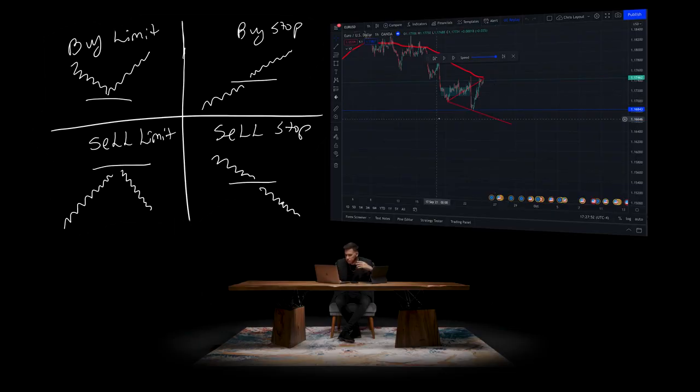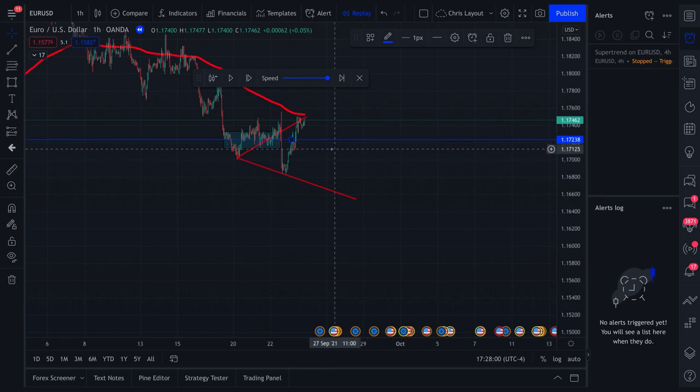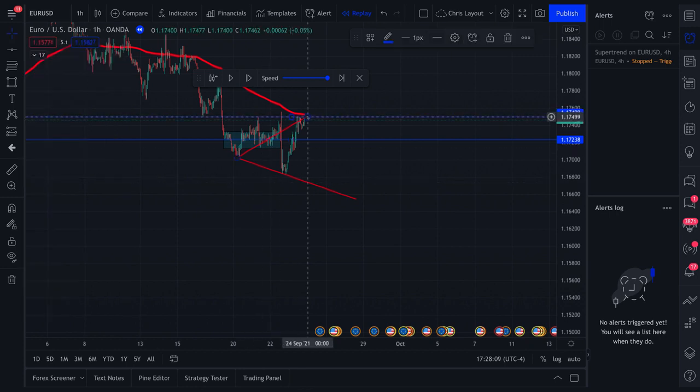So if I'm expecting this to go down quickly, I would say, hey, whenever it starts going down, I want my trade to activate itself right here where the blue line is. And then, based on what you're going to learn later, I would say I want my stop loss to be here.